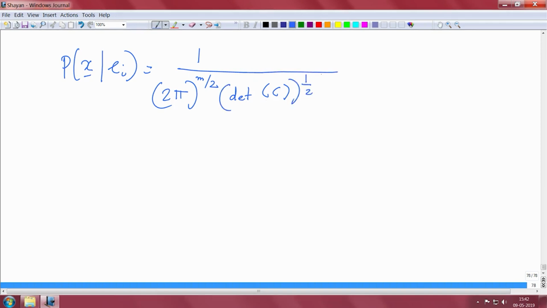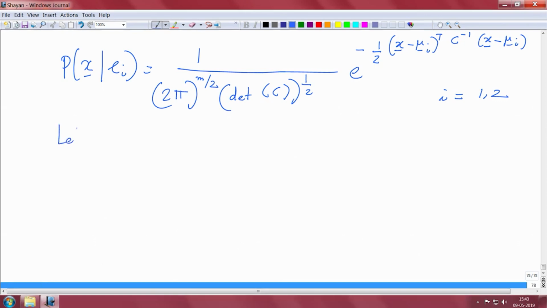So, this is the denominator, and if it was singular you would see that this determinant of C would be 0. So, therefore, that is the reason why we assumed that in this form. So, it is e power minus 1 half x minus mu i transposed covariance inverse x minus mu i, and this holds for i equals 1 and 2.